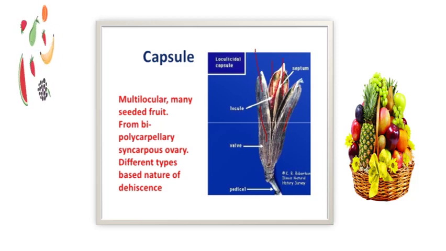These ovaries are fused together, syncarpous basically, and in this the ovary is superior. So it is a multilocular, many-seeded fruit from a bi- to polycarpellary syncarpous ovary, with different types based on the nature of dehiscence or the nature of their attachment. So this is all about capsule.